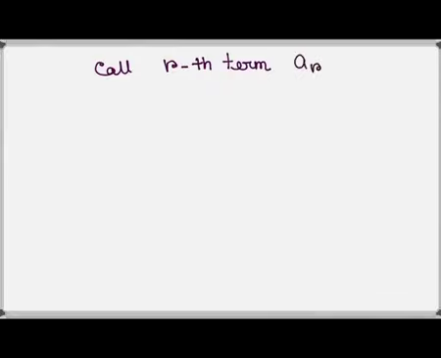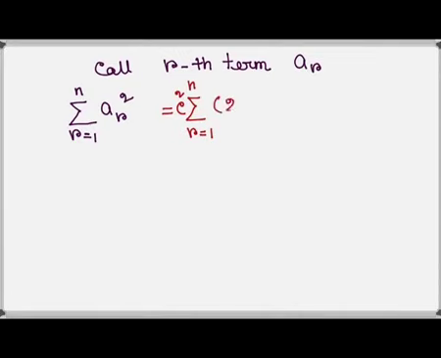Our job is to find out the sum over R running from 1 up to n of AR square. Now we know that this is nothing but, we can take c square out, and inside we have 2r minus 1 whole square.